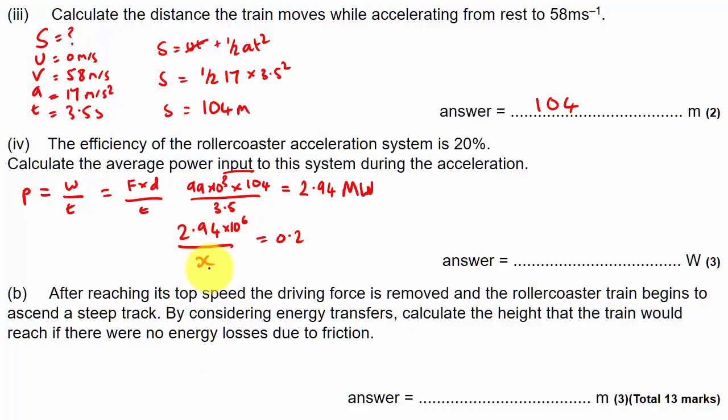So dividing by 0.2, making x the subject of this equation, 2.94 times 10 to the 6 divided by 0.2, and when crunching through I get a value of 14.7 times 10 to the 6, or I'll write my answer as 14.7, and it is megawatts.